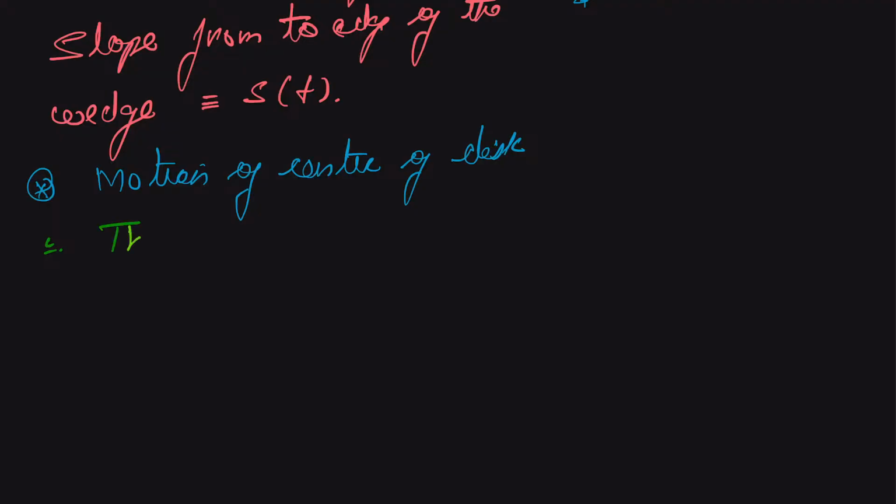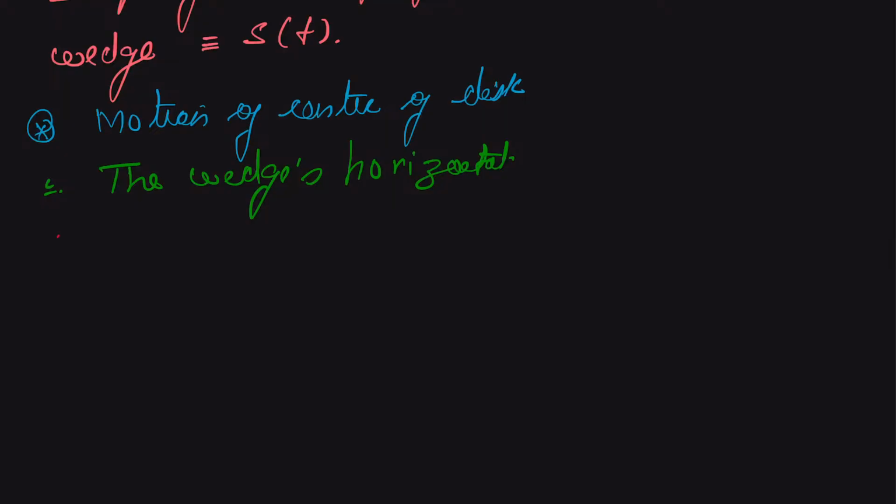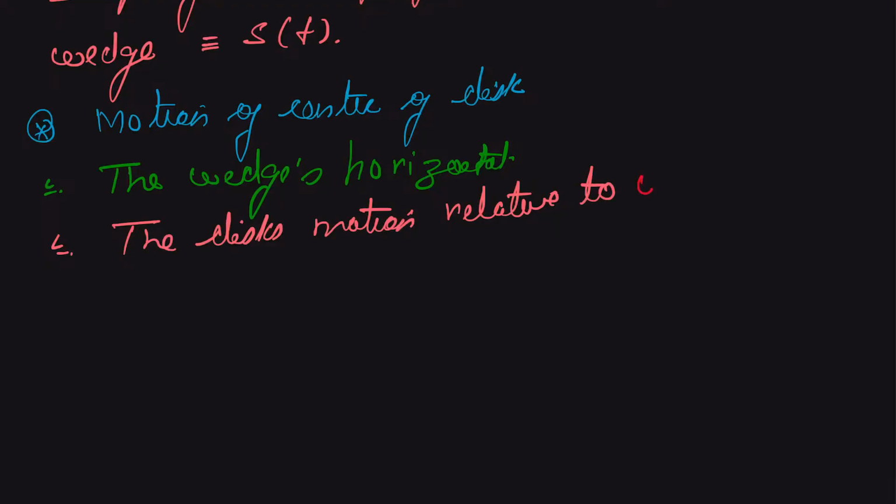First way is the wedge horizontal motion, and the second one will be the disk's motion relative to the wedge, which is along the incline.